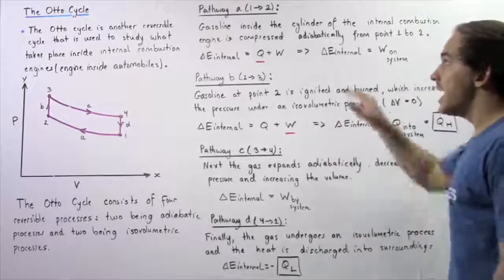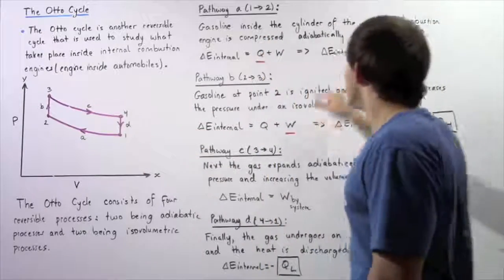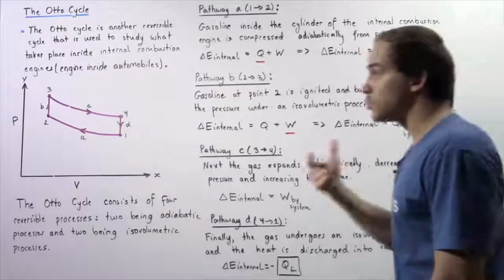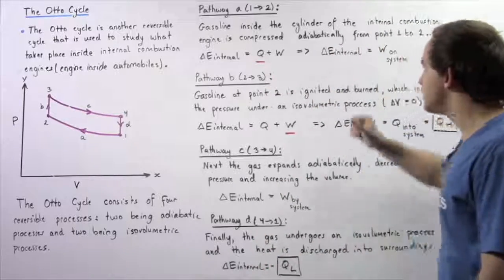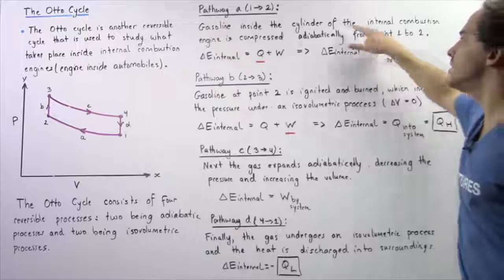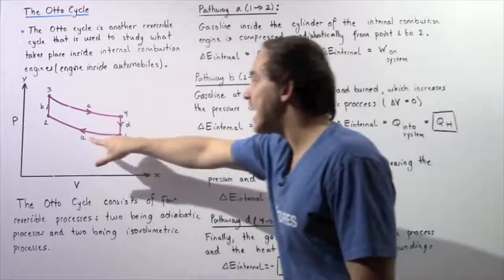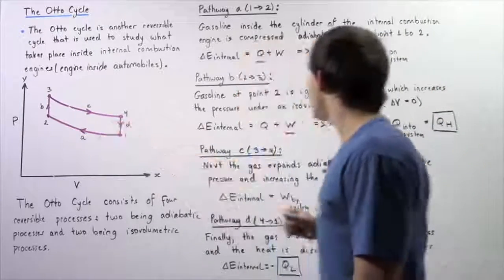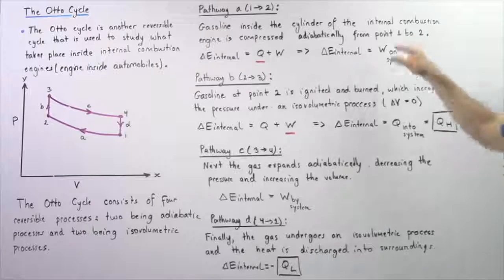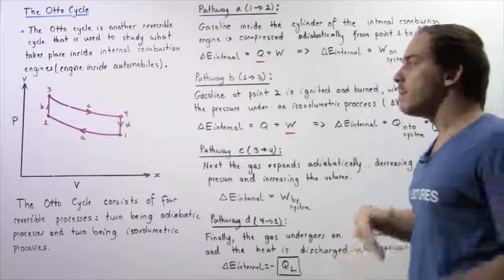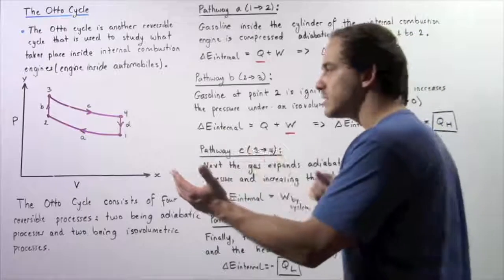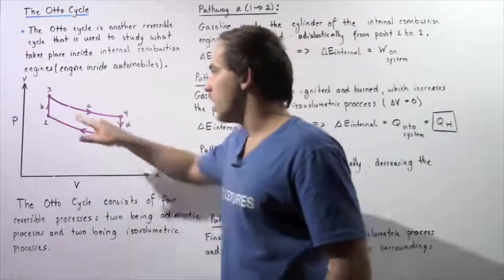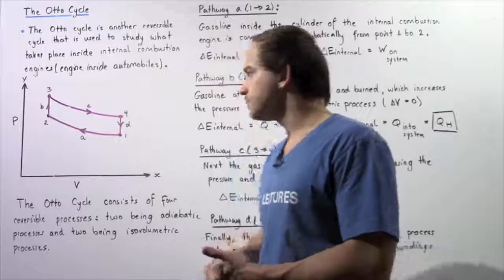Because in pathway A we're dealing with an adiabatic compression, Q is 0, and that implies that the change in internal energy during this first process is equal to the work that is done by the surroundings on our system to compress it from position 1 to position 2.